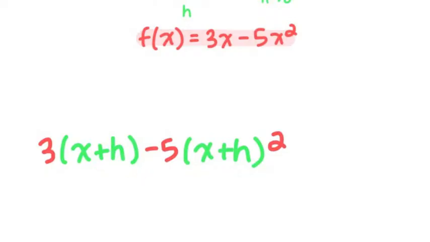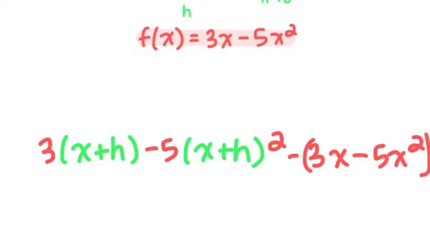And then, followed by a negative, we're going to write the original equation, everything, in continuity. Minus 5x to the second power, just like the original one.